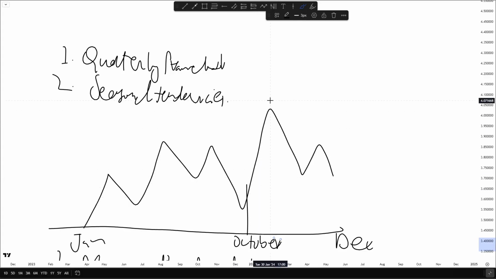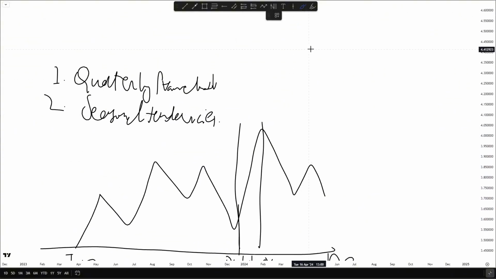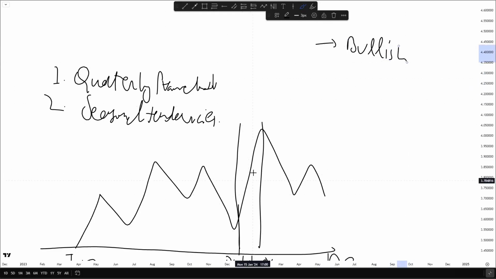And you can see right here is that during the month of October, this asset typically has formed bullish price action on average in the past 20 to 30 years. And this basically gives us this directional hypothesis that October usually tends to be what? It tends to be bullish. So now we have formed our first directional hypothesis based on seasonal tendencies.